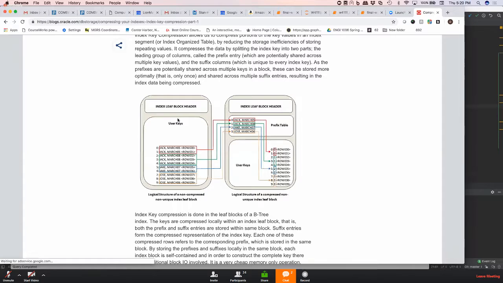If you just used the standard approach to keys, you'd have an entry Smith colon John, then Smith colon Bob. So you basically would have an entry for every last name and then the corresponding first name. There would be lots of people named Smith.